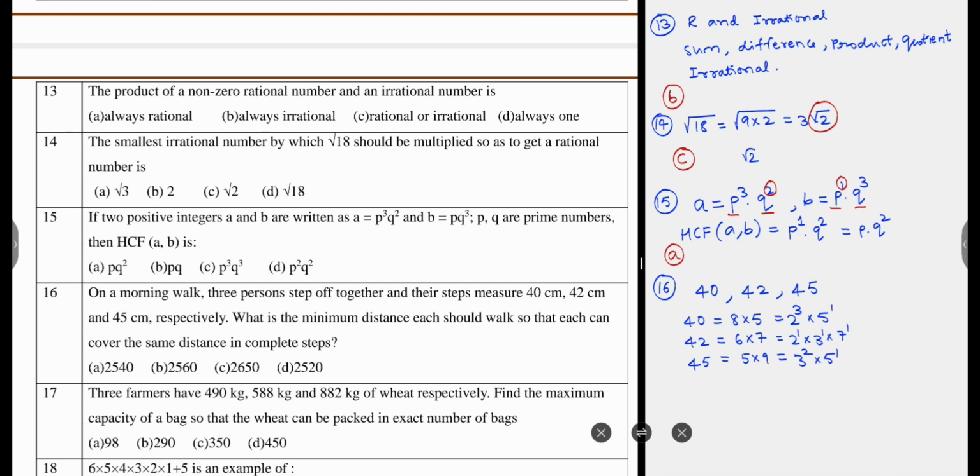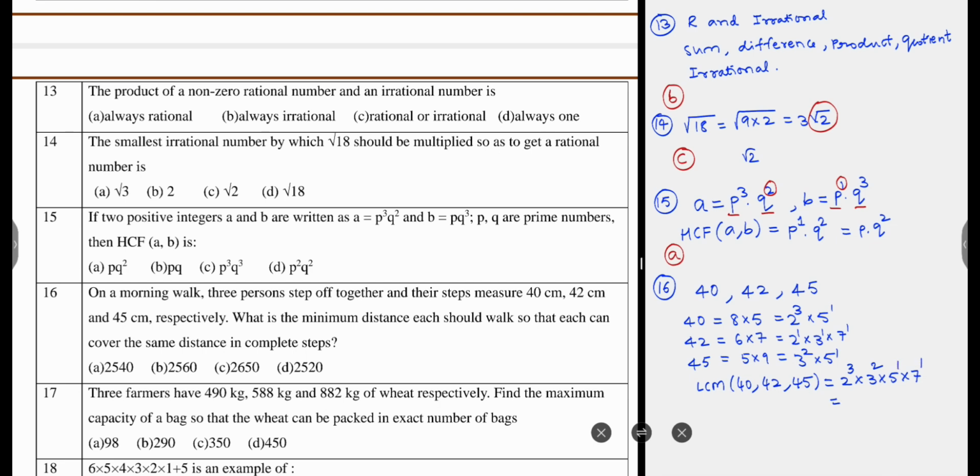Now the LCM of 40, 42, 45: all the prime numbers we list first, that is 2, 3, 5, 7, and their highest powers. 2 highest power is 3, 3 highest power is 2, 5 highest power is 1, 7 highest power is 1.